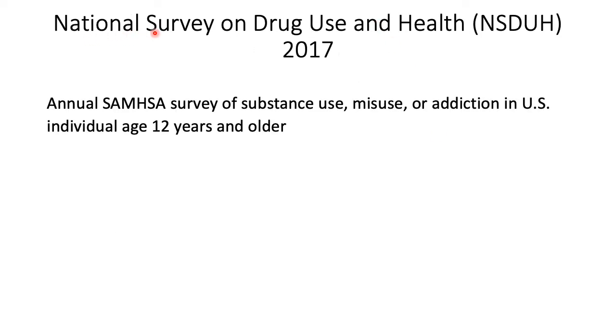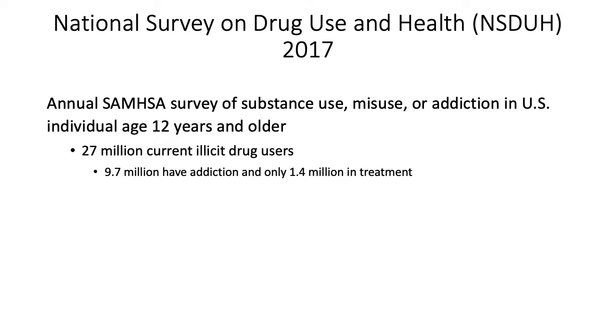According to the National Survey on Drug Use and Health, so this is NSDUH, this is basically like an annual survey on substance abuse and addiction in individuals 12 years or older. So these are some stats on drug abuse. This is from 2017, so this is not like currently 2021, but this is from 2017.